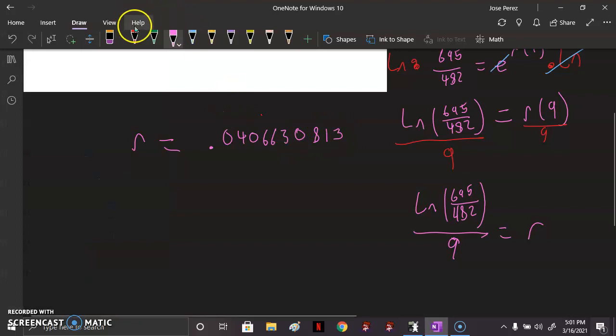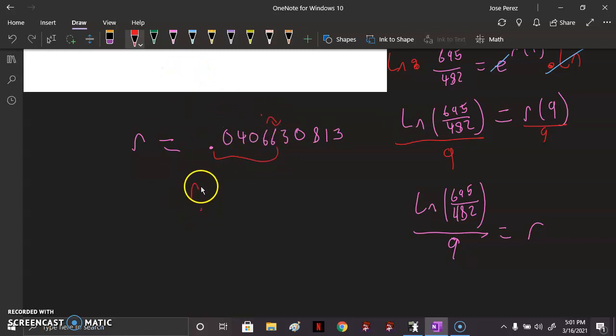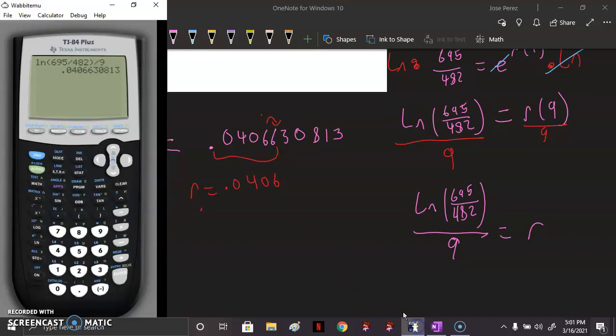We're not going to use all of this for our rate, our r value. What I recommend for most of these is using the first 5 numbers and then rounding. So what I get is r is equal to 0.04067. Let me see if I have it right.